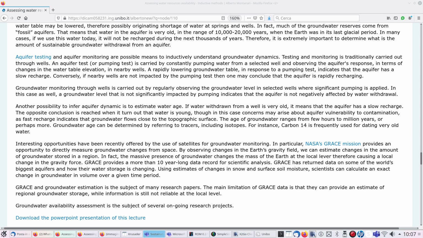So the answer is the permeable layers just vary in space, not in time. As I said, unless there are events like earthquakes, or when you dig a well, of course, you make a hole in the impermeable layer, so you have a change in time as well. But in general, while the water content of the aquifer changes in time and the water level changes in time, the medium doesn't change in time.